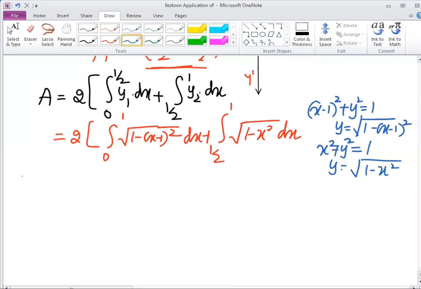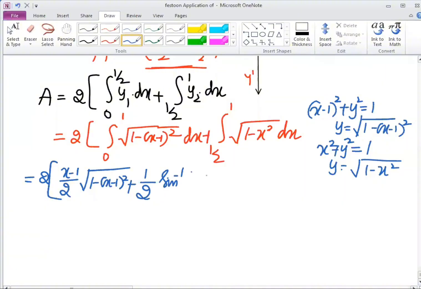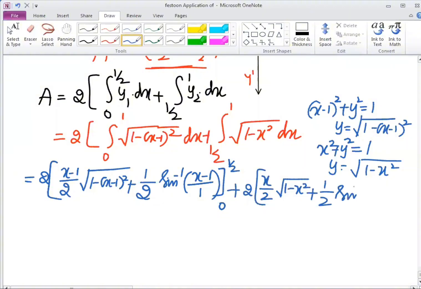Now we know the formula, apply that formula. 2 into (x minus 1) by 2 square root of 1 minus (x minus 1) whole square plus half into sine inverse of (x minus 1) by 1, from the limit 0 to half, plus 2 into x by 2 square root of 1 minus x square plus half into sine inverse of x from the limit half to 1.